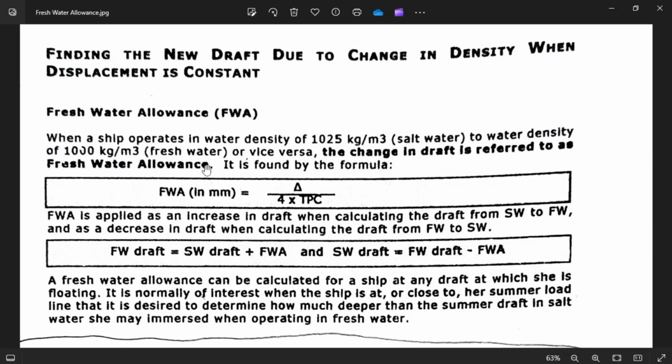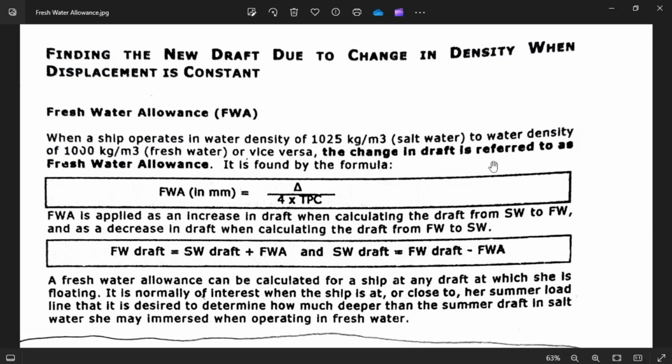So freshwater allowance: when a ship operates in water density of 1.025, which is the salt water density, to water density of 1.000, which is fresh water. So from salt water you will go and float in fresh water or vice versa.